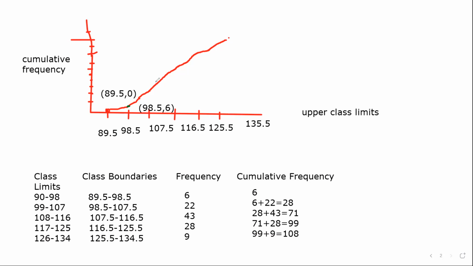And then the next point was 71. So 71 was our point about there. And then you have 99, which was our next point, was about right here.